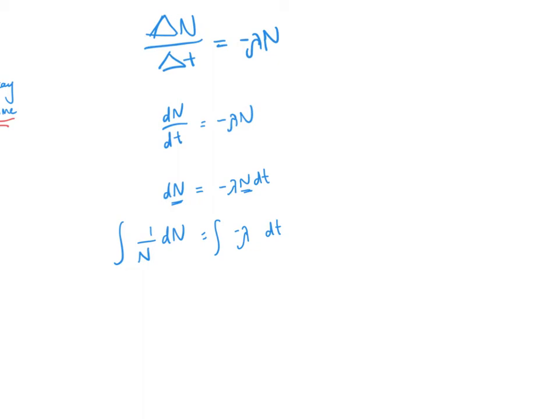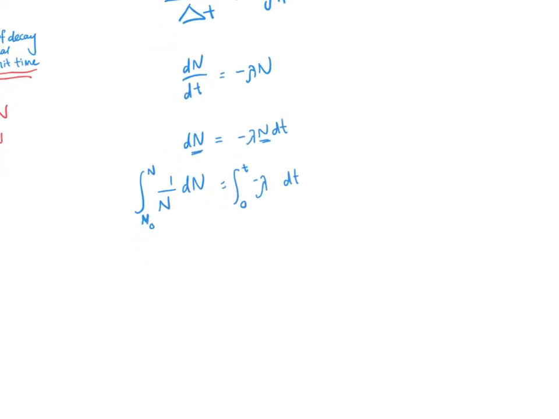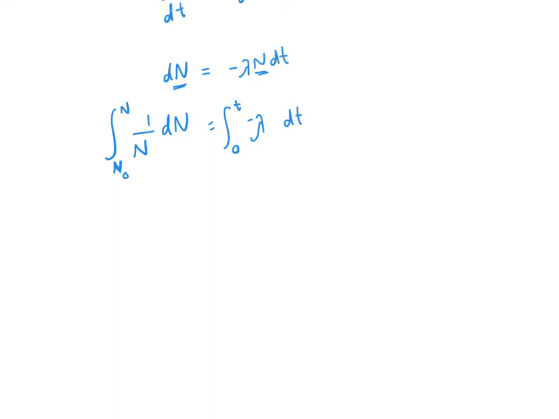Since I'm integrating with respect to time here, at time 0 I should expect to have n naught radioactive nuclei. And obviously as time goes by, at time t, I should have n radioactive nuclei left. When I integrate 1 over n, that will be ln n, and n naught, so those are my limits.